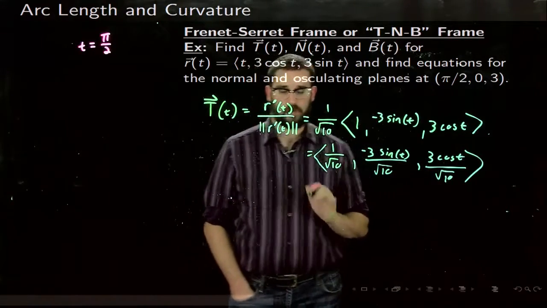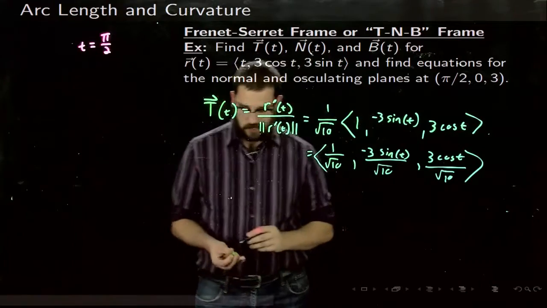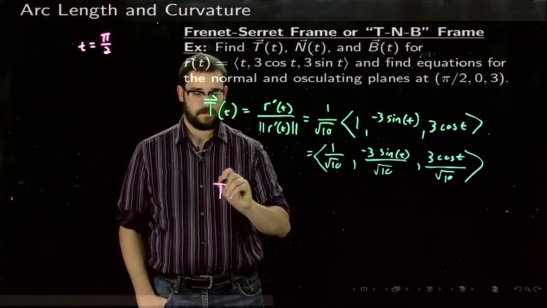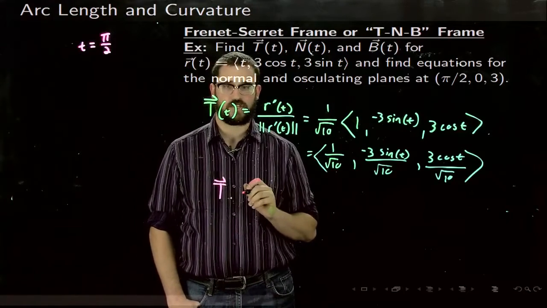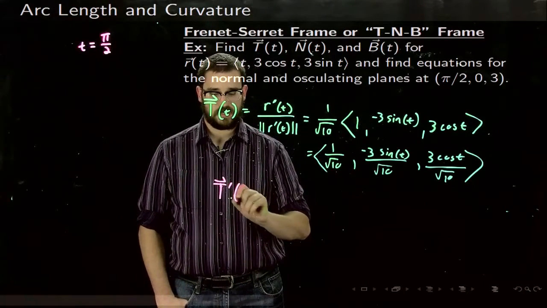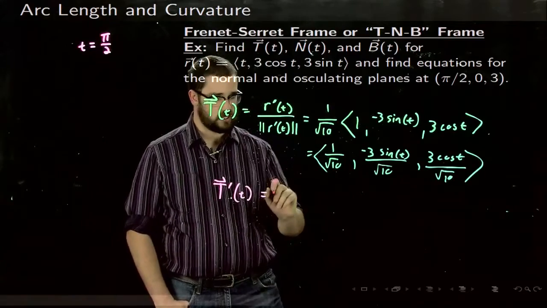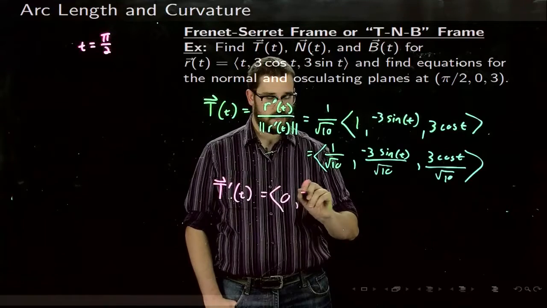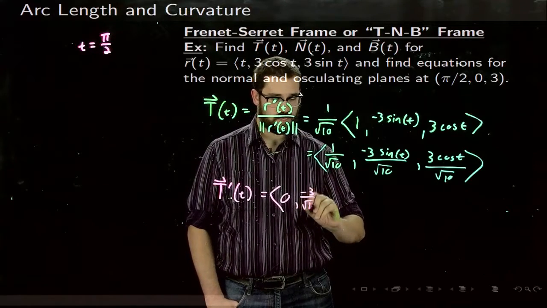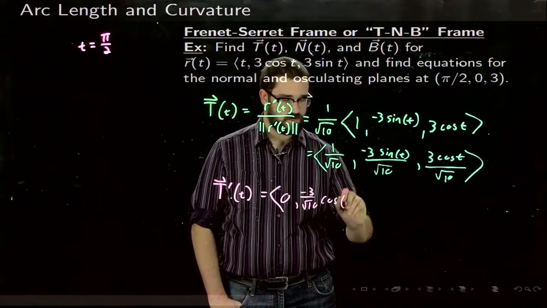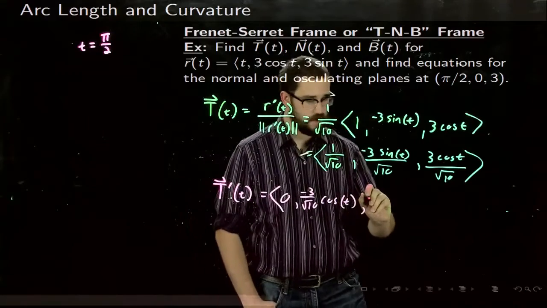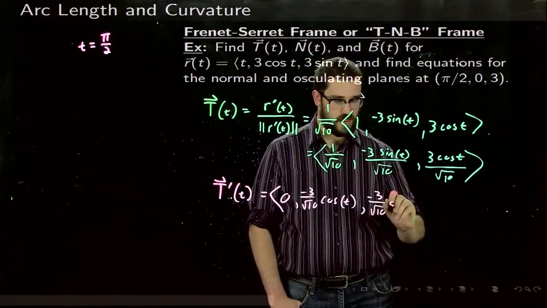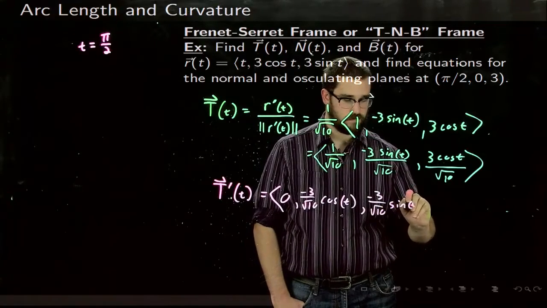Now, this is a pretty tame function, so what we're going to do is differentiate T. So T prime of t will just be 0, negative 3 over square root of 10 cosine of t, and then negative 3 over square root of 10 sine of t.